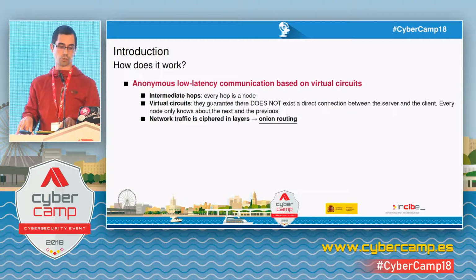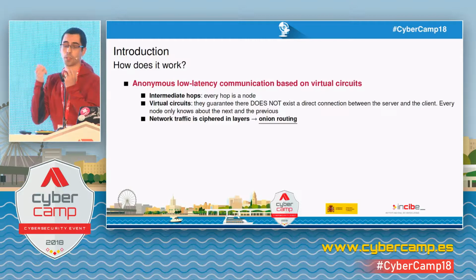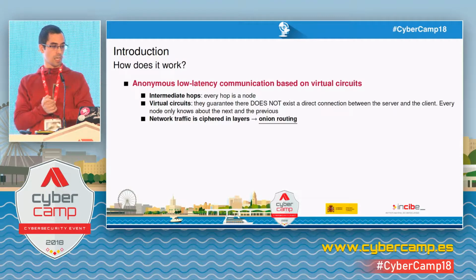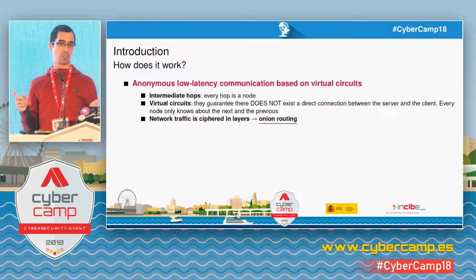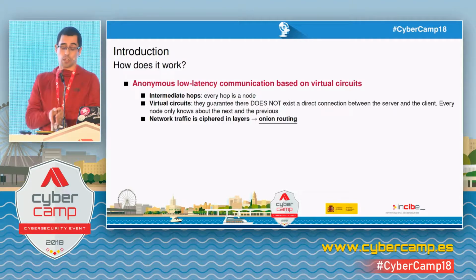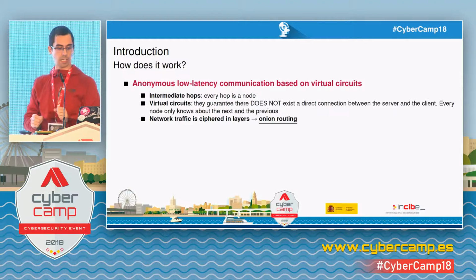What does this guarantee? Basically, it guarantees that there's no direct relation between the client and the server. So that guarantees that connections are anonymous. Each node only knows about the next one and the previous one. That's the privacy of the communication.